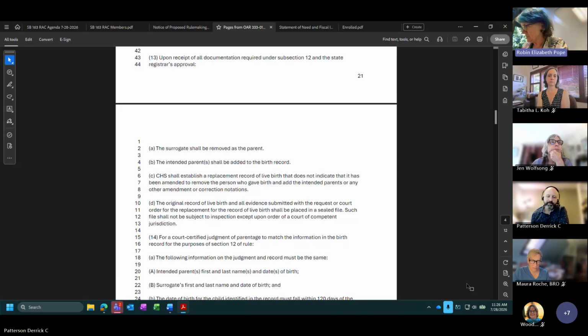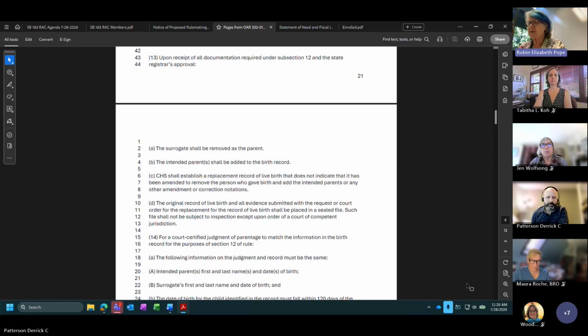Robin. Thanks. So this actually ties 13 and 12 together, and Jen's comment about the person who gave birth, which is twice in 12 on lines 31 and 32, that it shouldn't say that. It should say the gestational surrogate. And then on sub A, line 2 of 13, should say the gestational surrogate. We want to be clear. There should be a consistency with the terminology that's used.